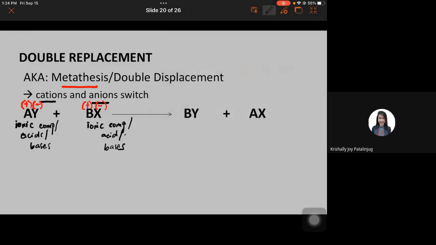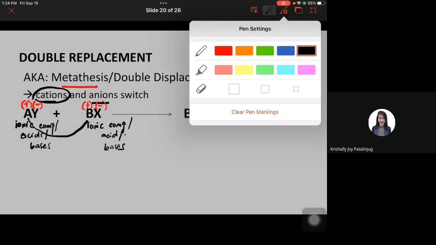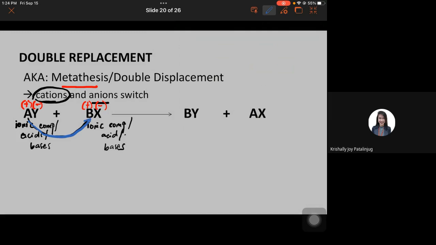And based on the definition of double displacement, we simply switch the position of the ions. You can focus on the position of the cations. You switch the position, let me change the color. Switch the position of atom A and atom B. You switch them. That's why you produce the product BY and the other product AX.